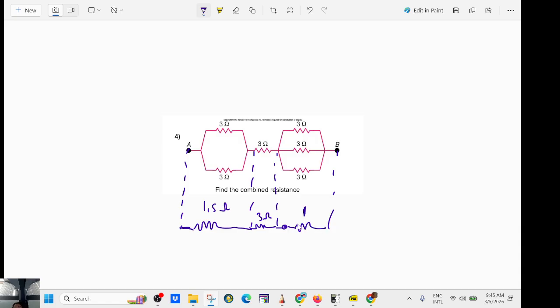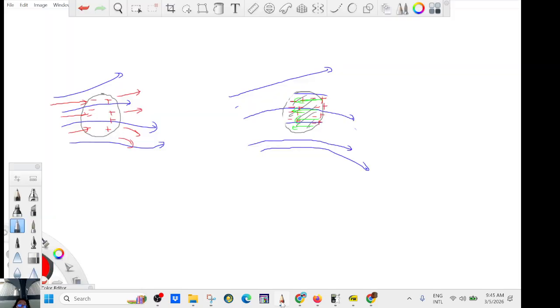And then you combine 3, 4, 5. That gives 5.5 ohms. Agree? So they are just asking you to find the equivalent resistance. Agree? Okay.